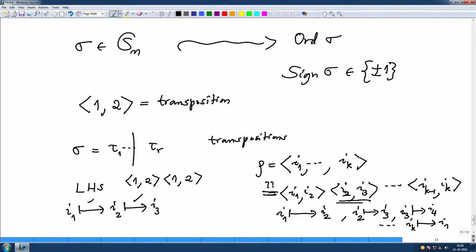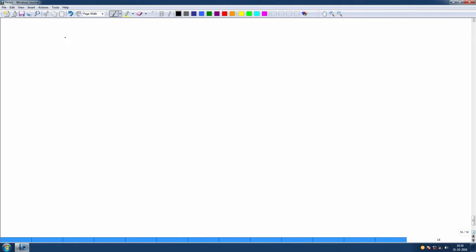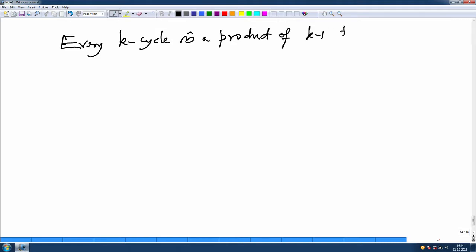So what we have proved is, I will write the result: every k-cycle is a product of k minus 1 transpositions, and not necessarily disjoint.